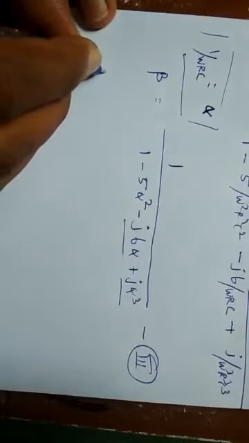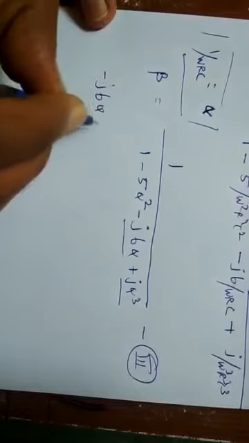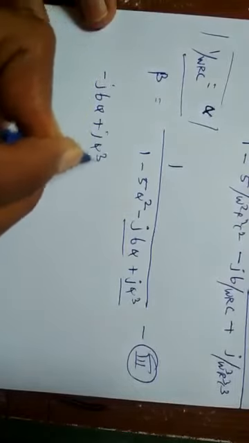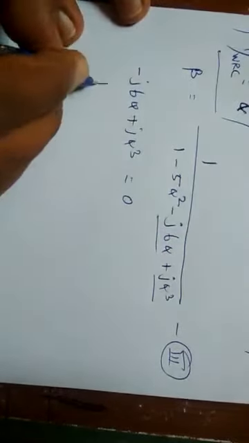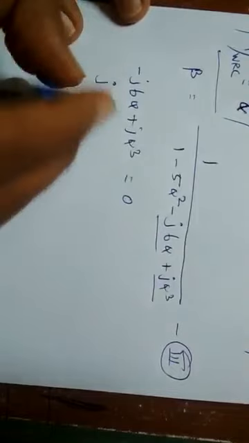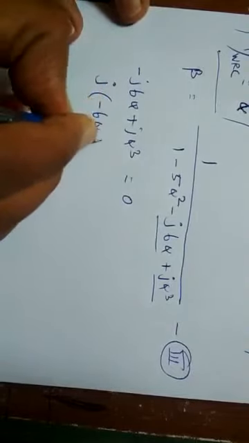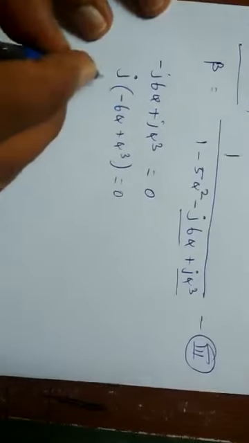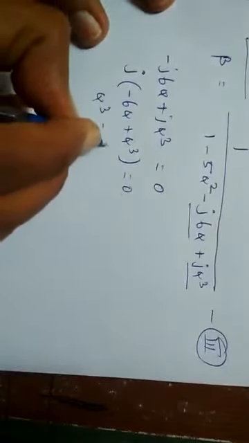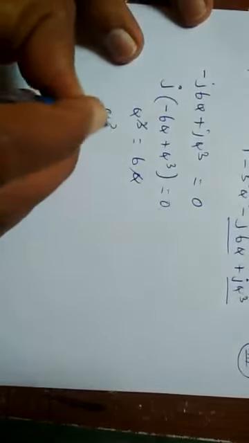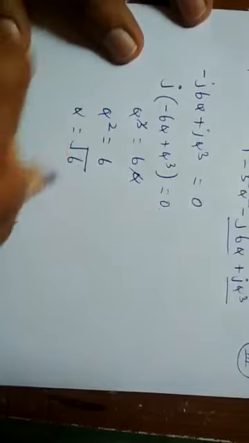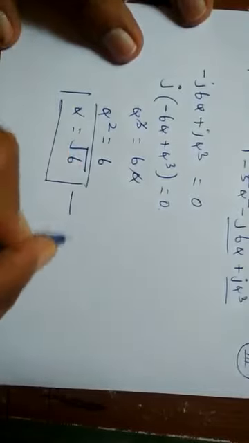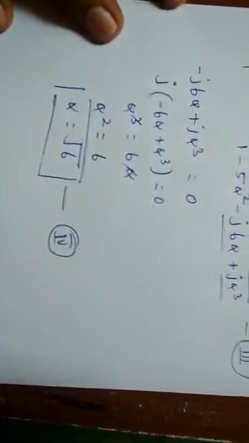So minus j6 alpha plus j alpha cube must be equated to 0. So j you can take outside, minus 6 alpha plus alpha cube will be equal to 0. So alpha cube equals 6 alpha. If you cancel these terms, then alpha squared equals 6 and alpha becomes root 6. We name this as Roman letter 4.